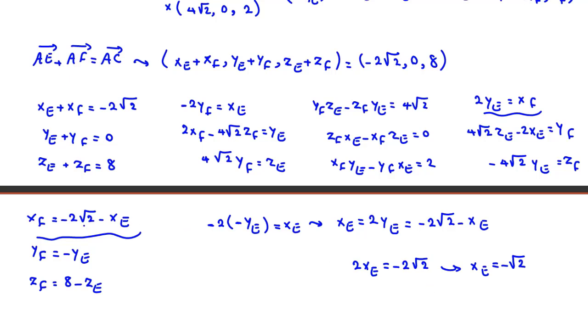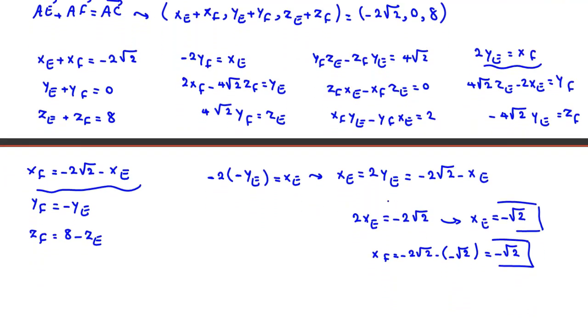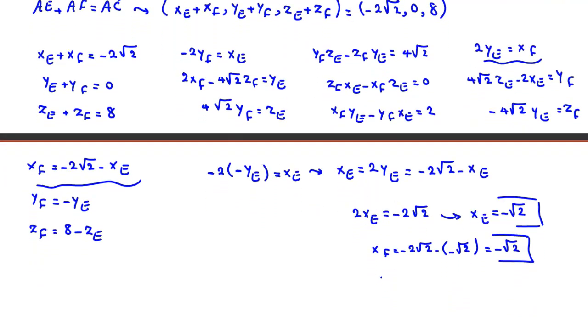And now, because we know XF equal to 2√2 minus XE, minus √2, so 2√2 minus √2, it will be √2. So XF is this, XE is this. Now let's focus on YE. YE is XE over 2. Okay, so YE is XE over 2, so it will be √2 over 2.